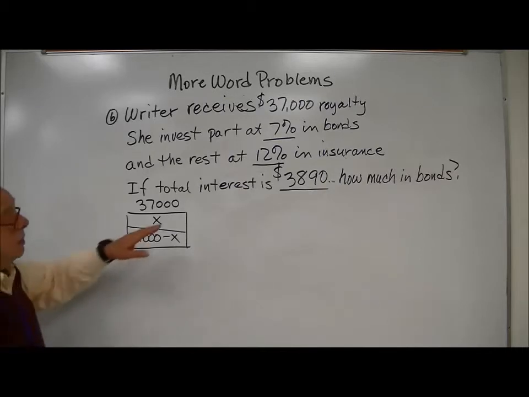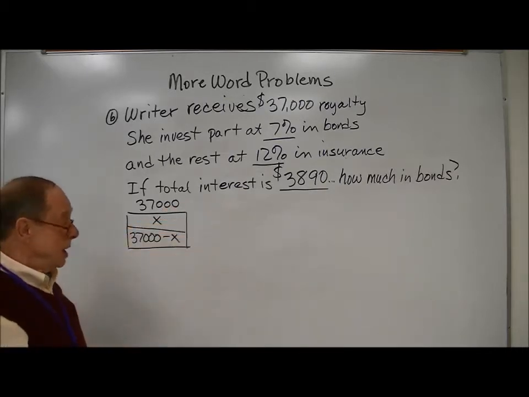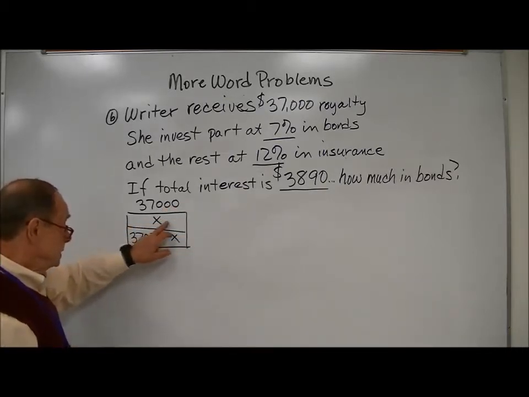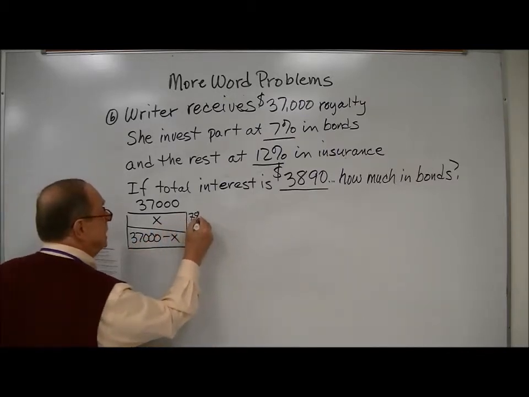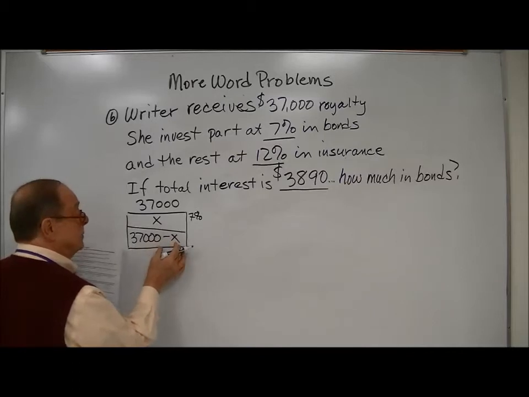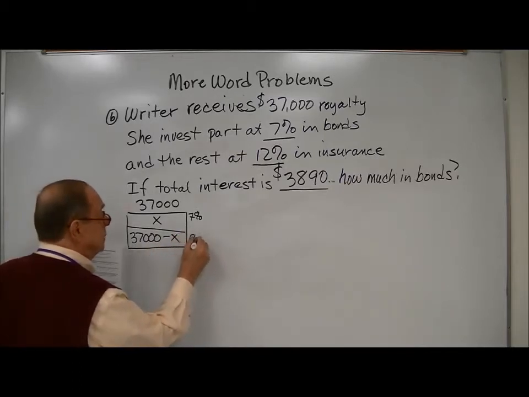So we want to know how much is invested in bonds. So we're going to say let the X be the 7%, and then what's left over is going to be at 12%.